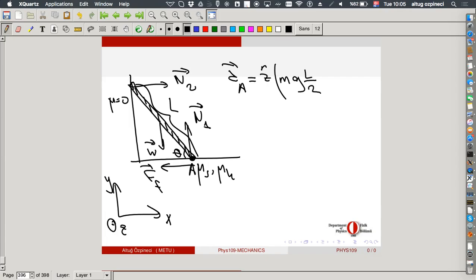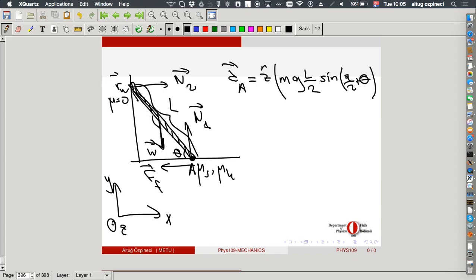And then we need the sine of the angle between the two. This is R of the weight, and this is the weight. The angle between the two is this angle over there, which is pi/2 plus theta. This is the torque created by the weight.